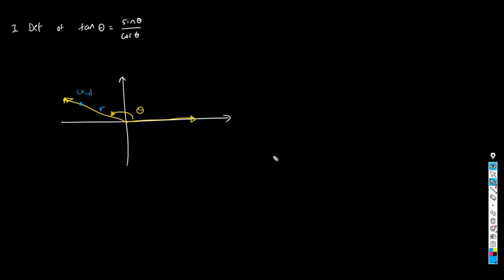This is r, and therefore, with all of this context, I can define the trigonometric functions of theta as sine of theta equals y over r, cosine of theta equals x over r, and tangent of theta as y over x. These are definitions.